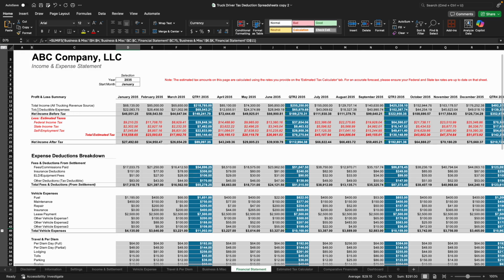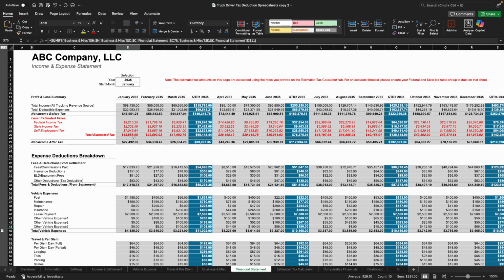So basically for January, we can see that our total income is $68,135, and our allowable deductions, or tax deductible expenses, are $22,083.73. That gives us a net income before taxes of $46,051.25. And then from there, these items are just estimated taxes based on the rate you provide.